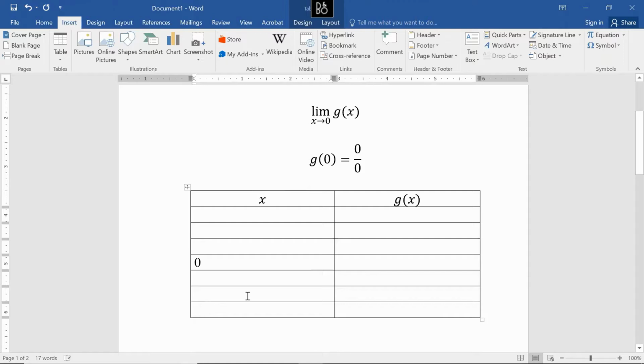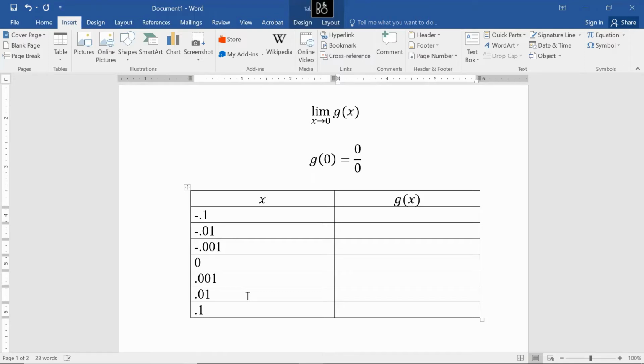So let's approach 0 in both directions. I'll do 1/10 over 0, 100th over 0, and 1,000th over 0. And then I'll do 1/10 under 0, 100th under 0, and then 1,000th under 0. So I'll do it that way.